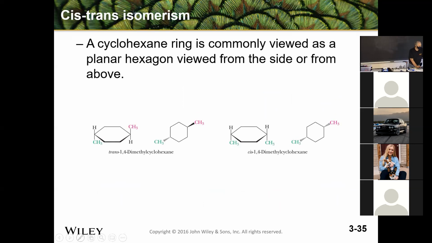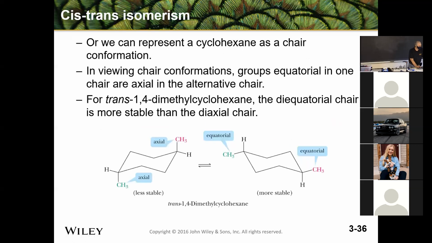So here's cis and trans 1,4-dimethylcyclohexane, and these are two ways of representing those two isomers. For trans 1,4-dimethylcyclohexane, let me go ahead and make a model of that.